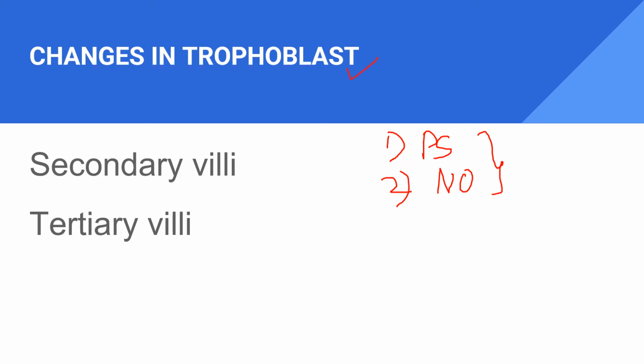The changes in the trophoblast in the second week we have seen, that is the primary villi formation with a central core of cytotrophoblast surrounded by the syncytiotrophoblast. Now in the third week, there is the formation of secondary villi and tertiary villi.